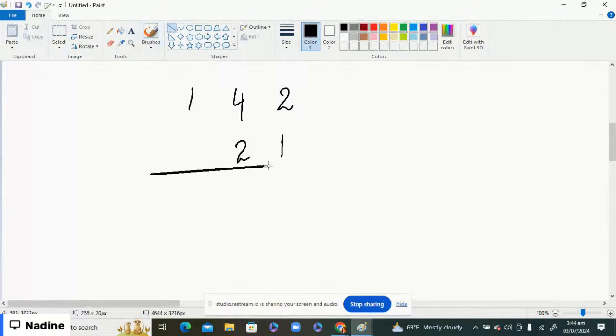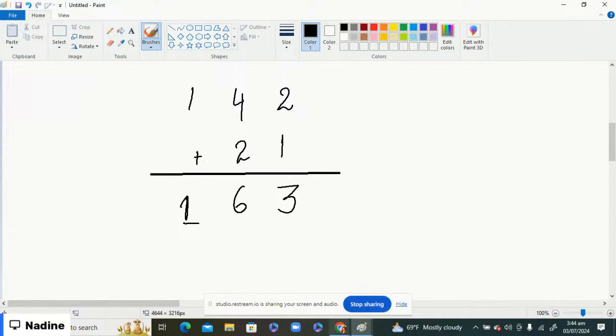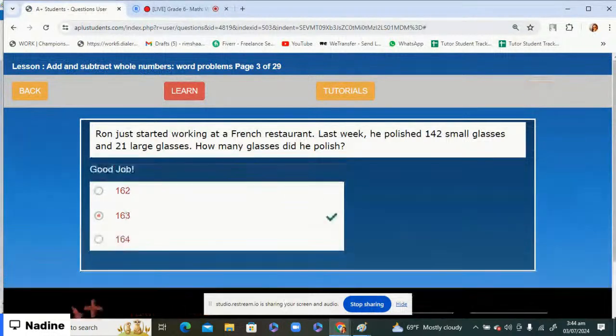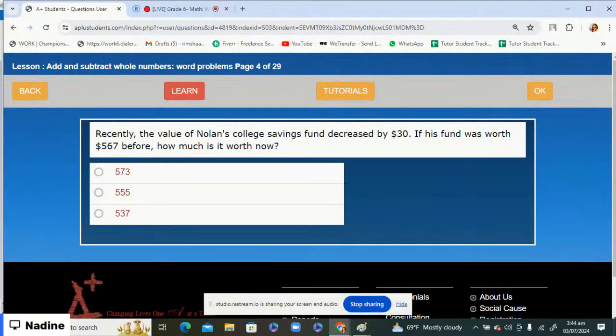Okay? So let's add together. 2 plus 1, that is 3. 4 plus 2, that is 6, and 1 as it is. So this is 163. Let's check, is there any option? It's here, the option B, that is 163. Okay? Okay, now you guys solve this question by yourself.